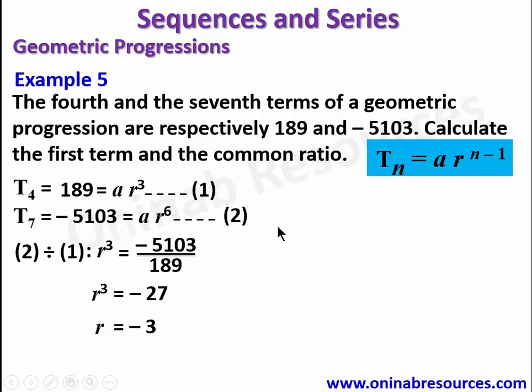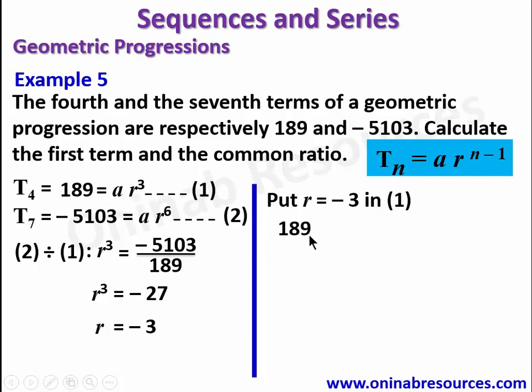So we go ahead to find A. We put R equal to negative 3 in equation 1. So we have 189 equal to A times negative 3 raised to the power 3. Negative 3 raised to the power 3 is negative 27.